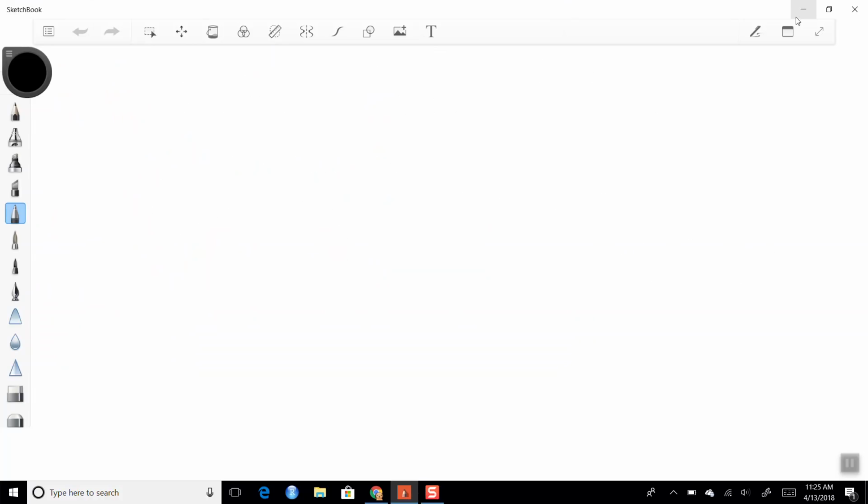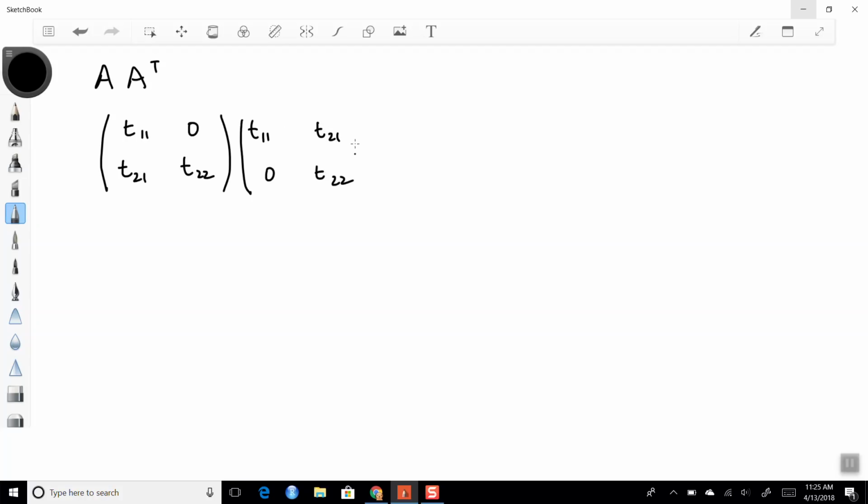Okay, so A transpose would look like this. It would be term 1,1, 0, term 2,1, term 2,2, times the transpose, term 1,1, and this transpose term 2,1, 0, term 2,2.